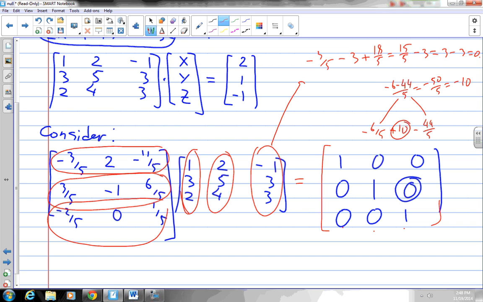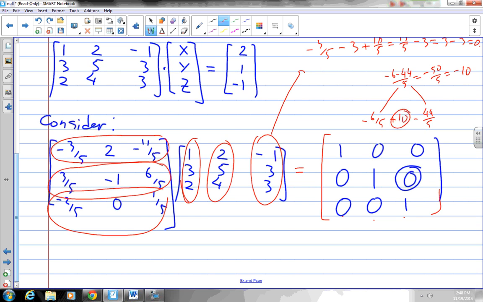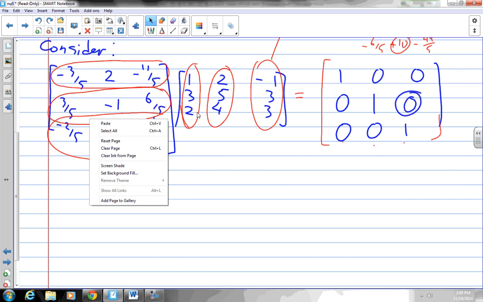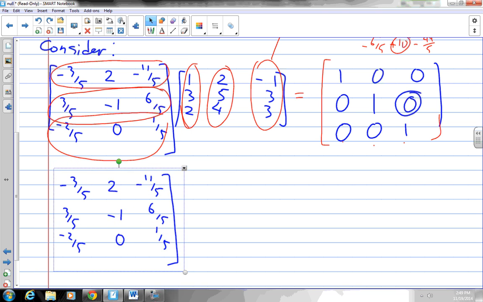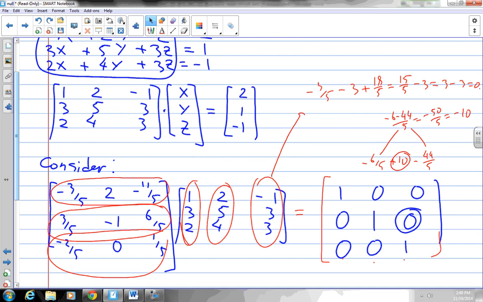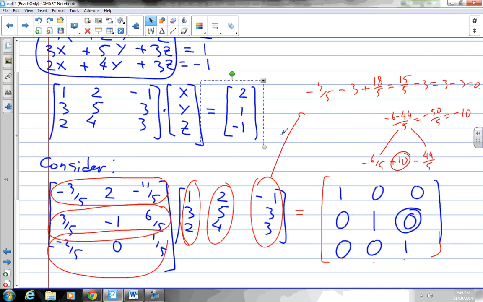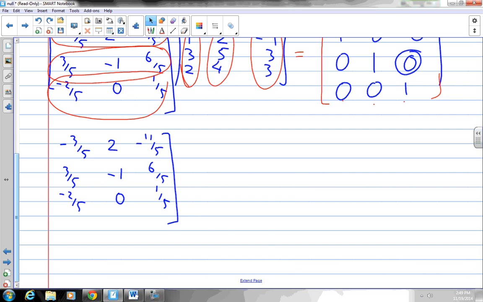So instead of doing that Gaussian elimination, I can perform this kind of a funky computation. Let's see if I can copy this matrix. And I'll copy this matrix. So I'm multiplying the same thing on the right.